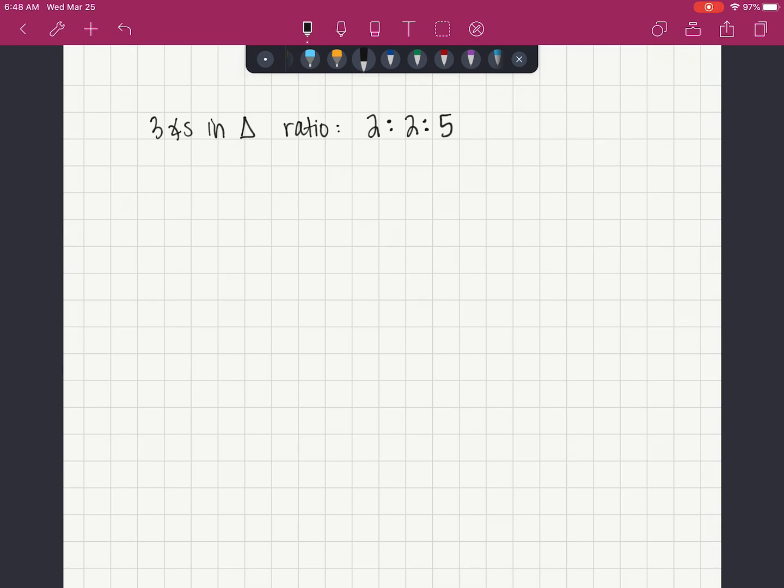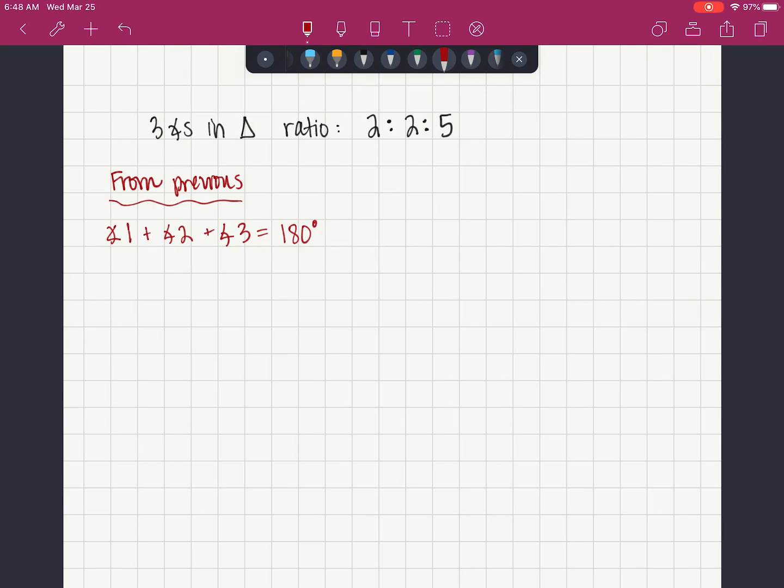So we already know from previous learning that the three angles in a triangle add to 180 degrees.